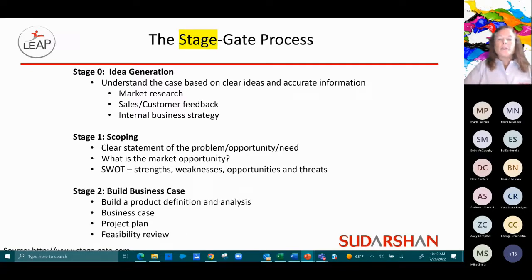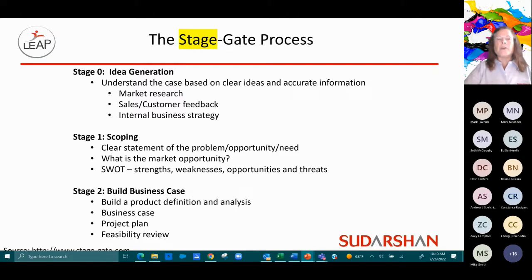Stage 2 starts to build the business case. And here we are building the actual product definition and doing the analysis of that particular development program. The business case is fully developed at this point in time. The project plan is also started, and as much information as we can put into that project plan from a capital expense perspective, a timing perspective, regulatory.